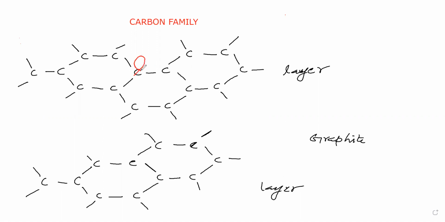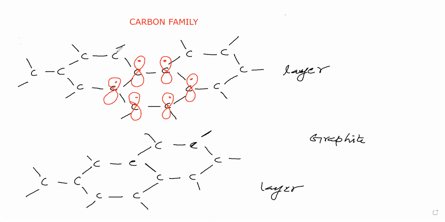That 2p orbital electron is perpendicular to this layer. So this carbon contains 2p orbital. That 2p orbital contains 1 electron. That electron is present perpendicular to this layer. Okay, so each carbon contains a 2p orbital that contains 1 electron that is perpendicular to the layer like this.